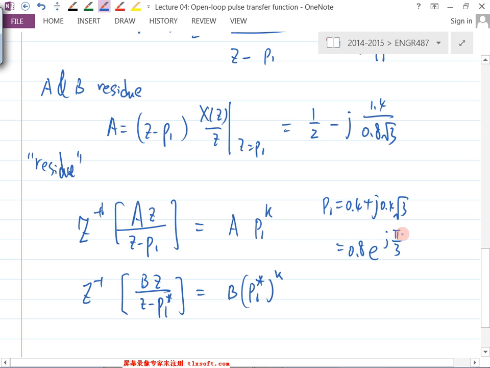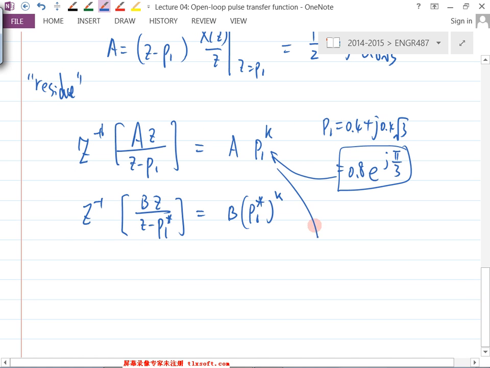Then you plug this one into here. Why am I converting this? Because the k-th power of this is hard to calculate, but the k-th power of this complex form is easy. So for this one, it's equal to A times 0.8 to the power of k times e to the power of j pi over 3 k.